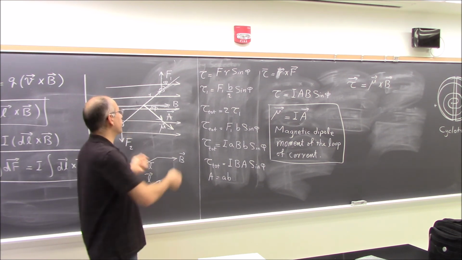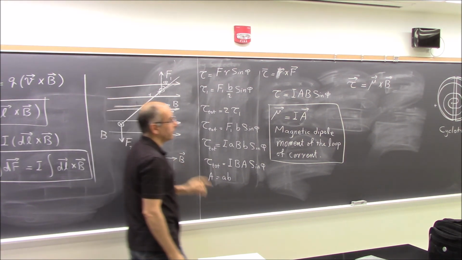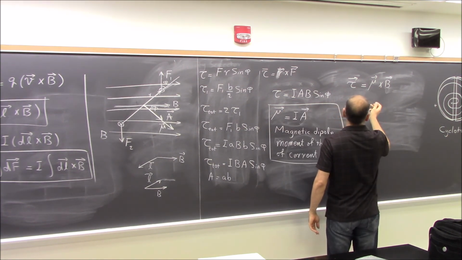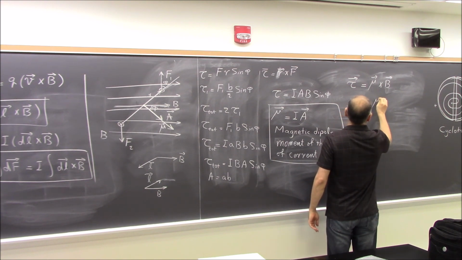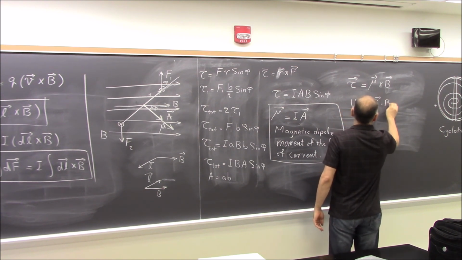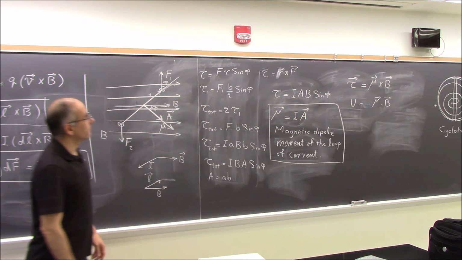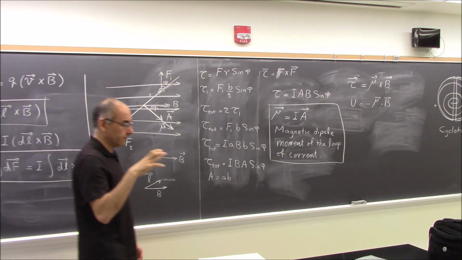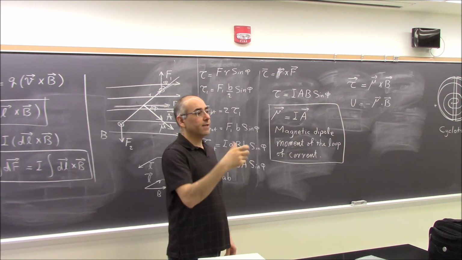Now, of course, if you turn this, it takes energy to turn it. The energy of the magnetic dipole moment in a magnetic field, the potential energy, is equal to negative mu dot B. So if there's a magnetic dipole moment in a magnetic field and it's not aligned, it has some energy.